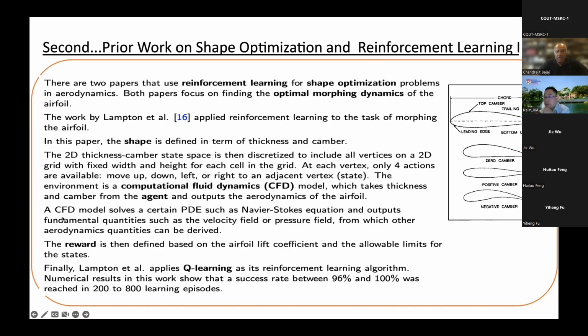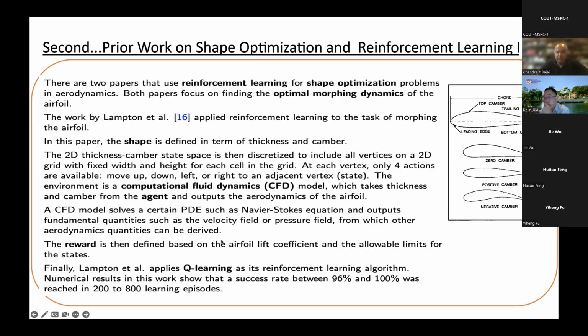And this computational fluid dynamics model is, of course, solving the Navier-Stokes equation. And so you are leveraging all the numerical solution methods. So you assume it's a black box that you can query every time you change the shape. You can go back and obtain the new velocity field and the new pressure field. So this, of course, requires supercomputer calculations as well.